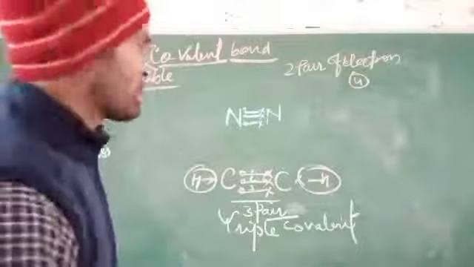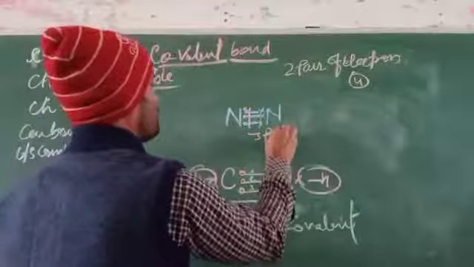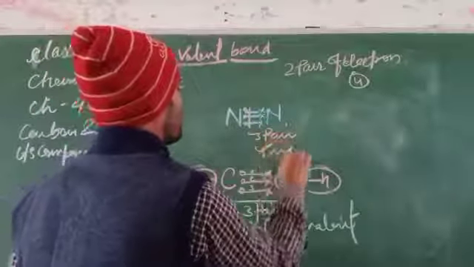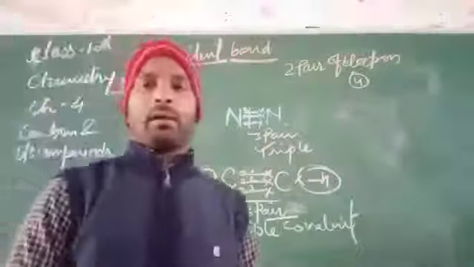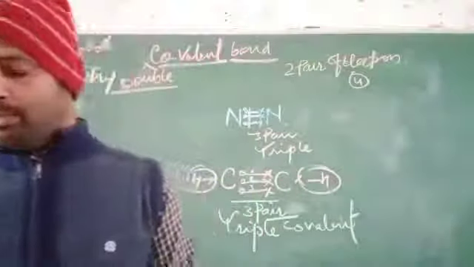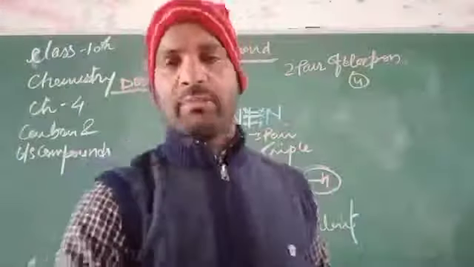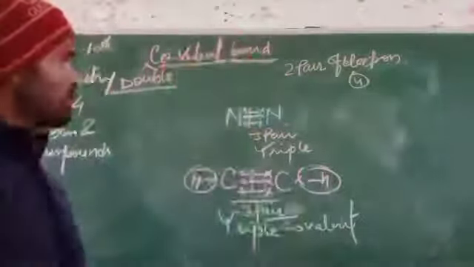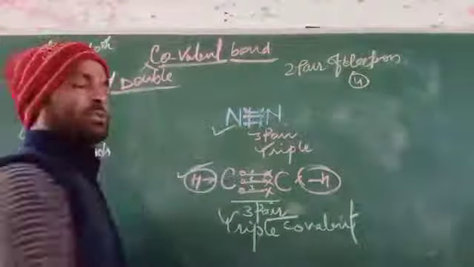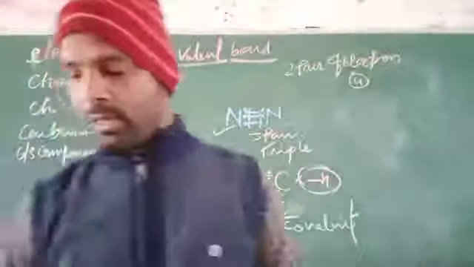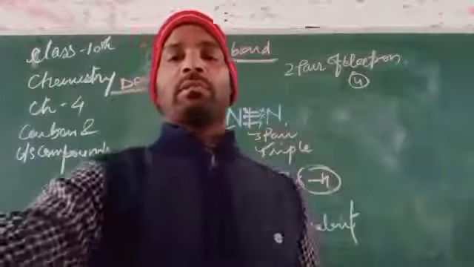So in that case 3 pairs of electrons are shared, that is a triple bond. And a triple bond always shows the triple covalent bond. Triple covalent bond may also be found in the case of C2H2, that is this one. Nitrogen and nitrogen as well, nitrogen and carbon 2. We can discuss more on this topic in the next one.